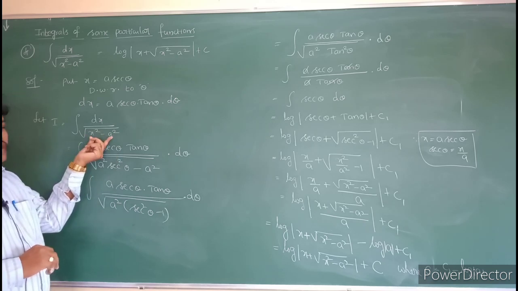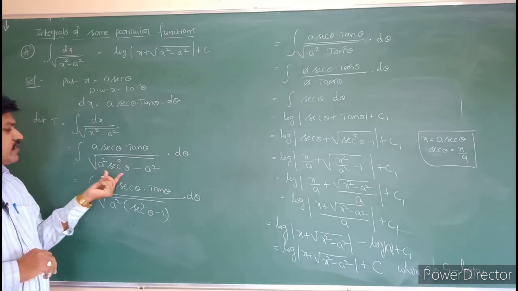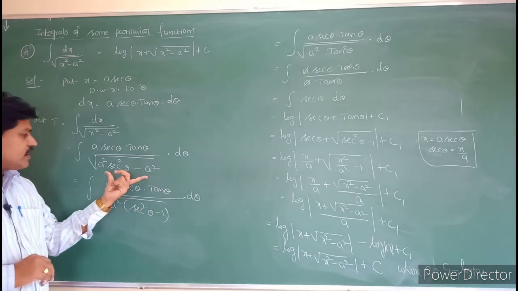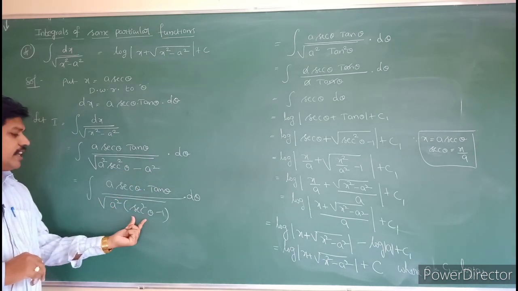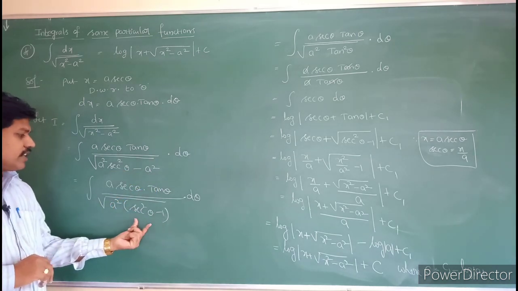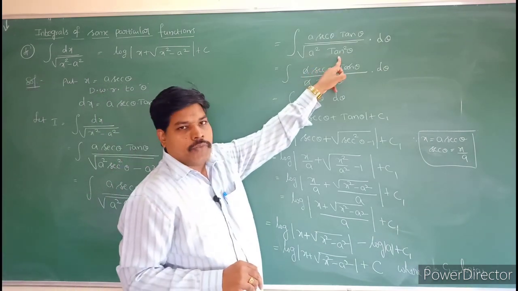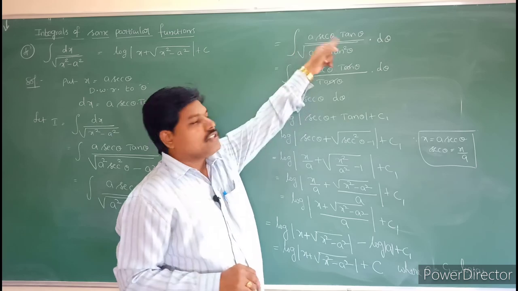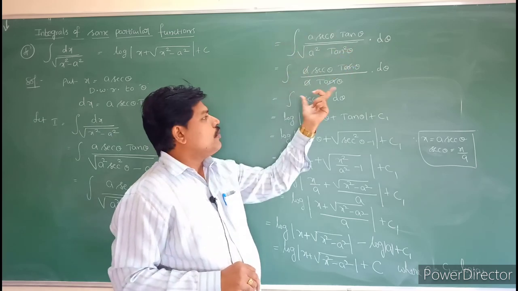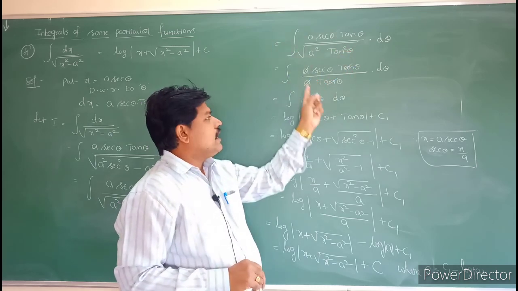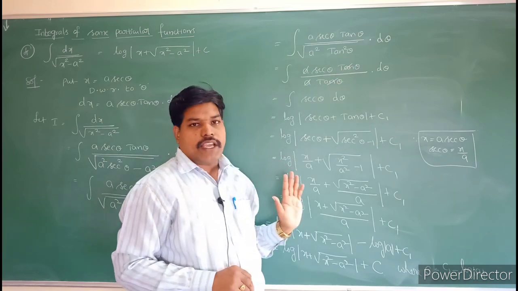X square minus a square you can write as a square secant square theta minus a square. Take a square common, so it will become secant square theta minus 1. Secant square theta minus 1 is tan square theta. So a square tan square theta, you can cancel the square root and you will get a tan theta. A will be cancelled, tan theta will be cancelled.